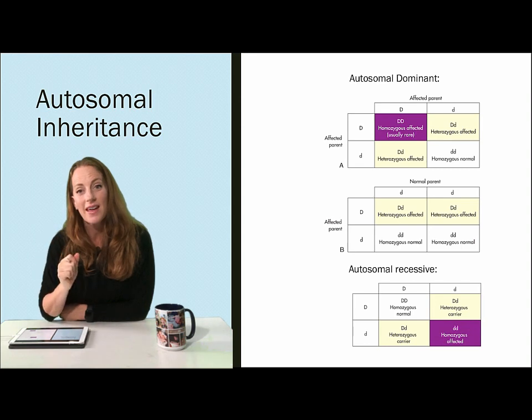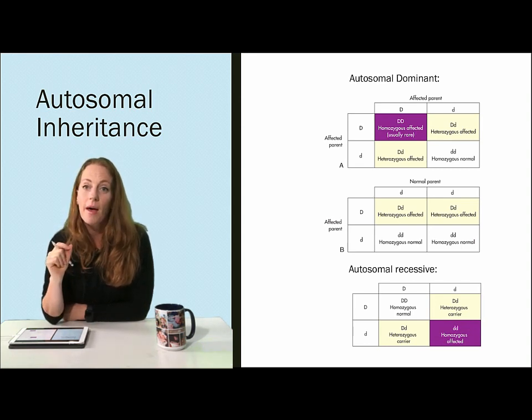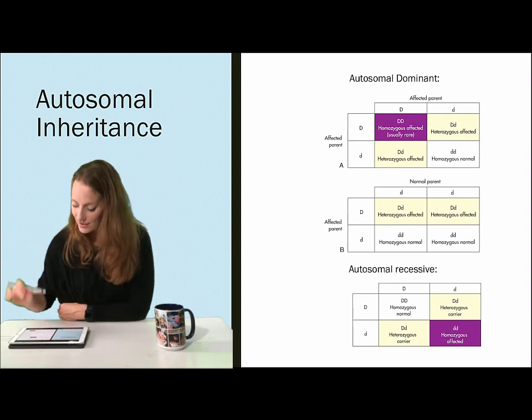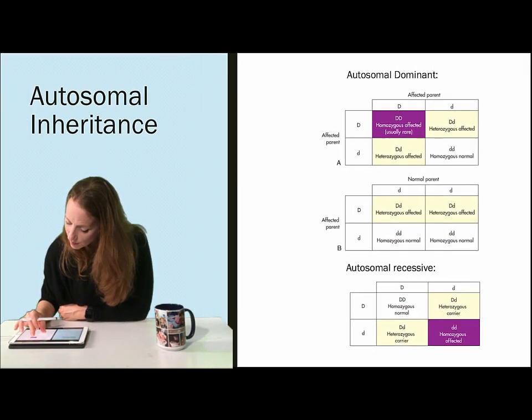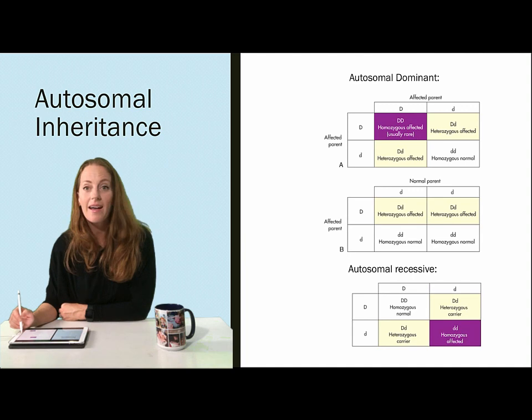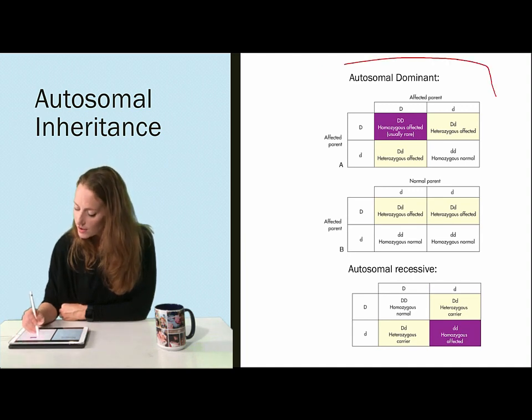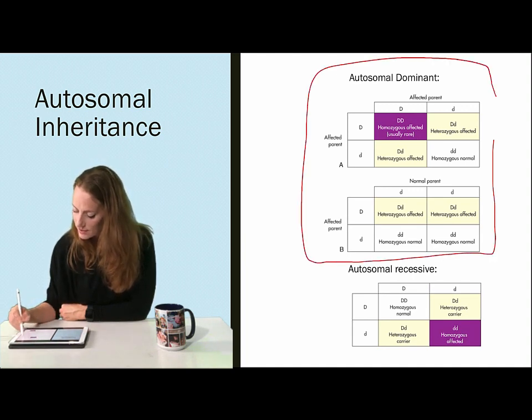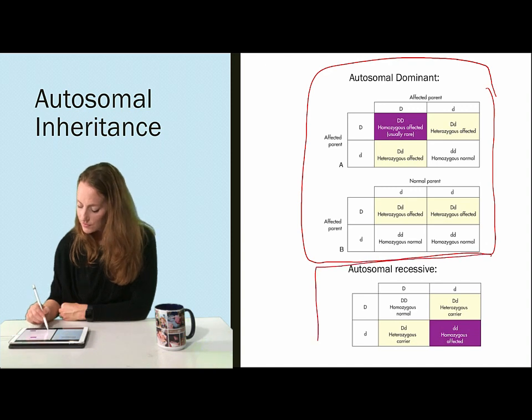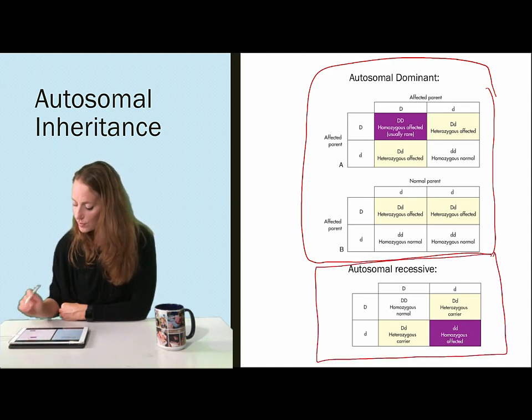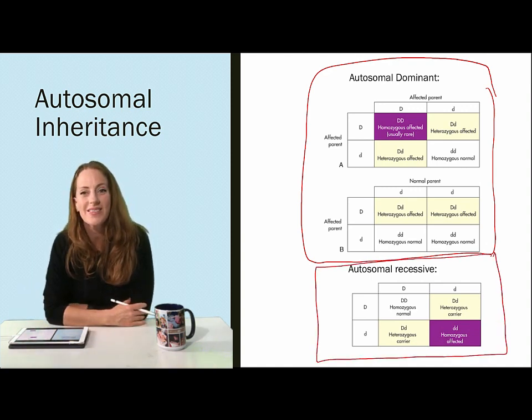Now in this diagram, I'm showing you some other Punnett squares for autosomal inheritance patterns. So take a look and pause here to check out the possibilities for autosomal dominant and the possibilities for autosomal recessive.